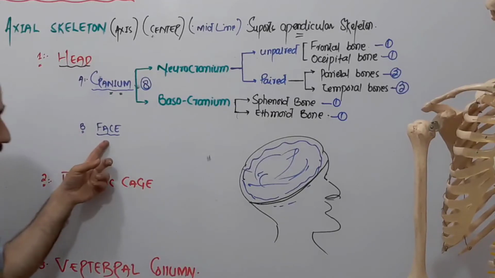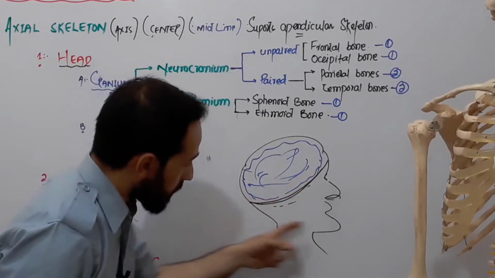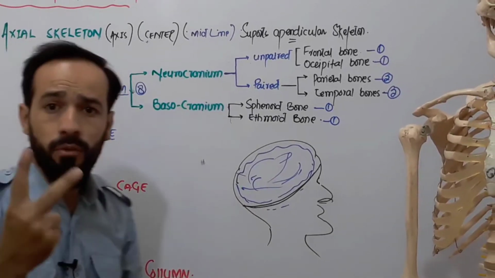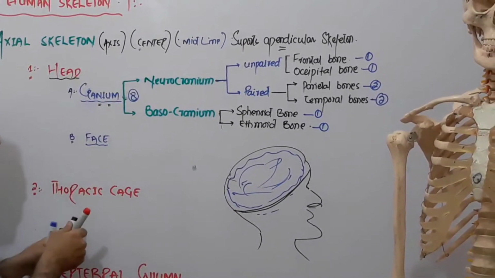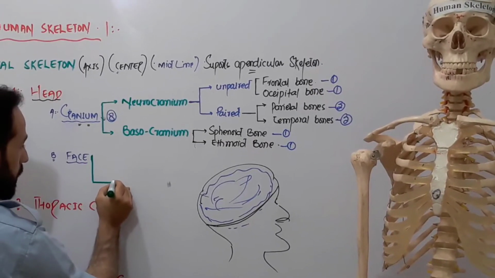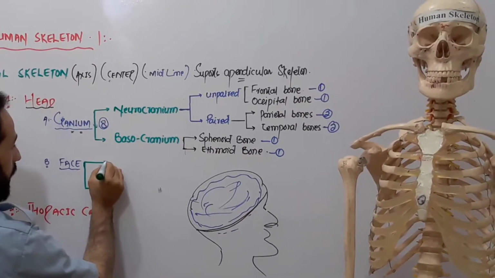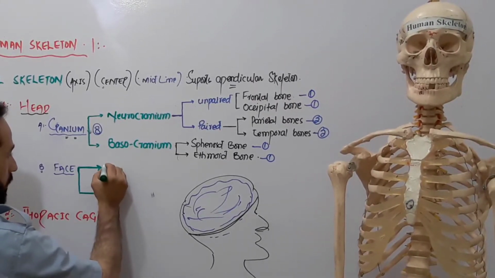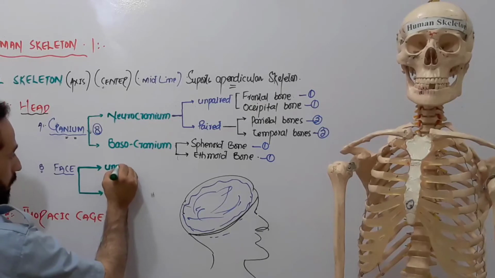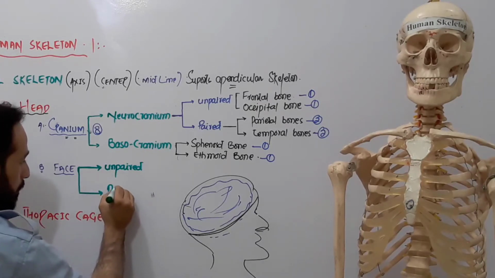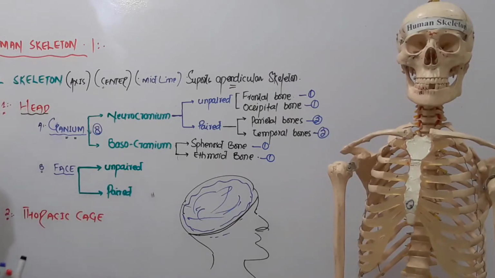Next, face. Let's come towards your face. Your face comprises two groups of bones, right? What are those groups? Those are the unpaired bones and the paired bones.